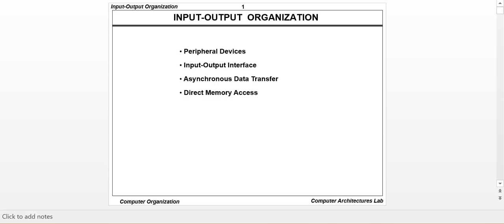For example, you want to type a C program. How do you give the program to the system? You will have to use the keyboard for typing. So the keyboard is one input device. Once you type the program using an input device, the program gets stored in the internal memory, let's say the RAM of your laptop or computer system.